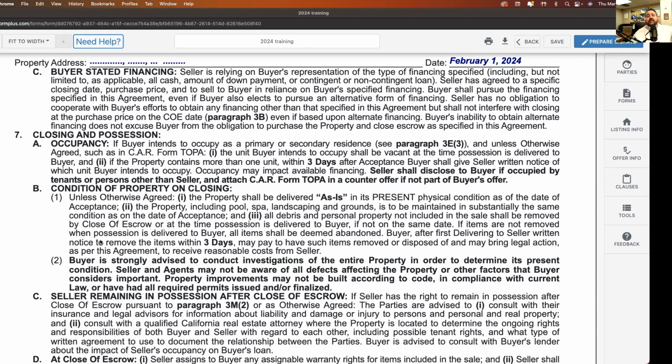Now, the other ways that they can be asked to leave, which would cause them to get paid relocation fees, are if the owner is moving in, an owner's family member is moving in, the owner's putting a manager in place, or they're removing the property from the rental market permanently, which means I'm never going to rent it again, or it needs such extensive construction in order to do whatever rehab you're doing that it would be uninhabitable.